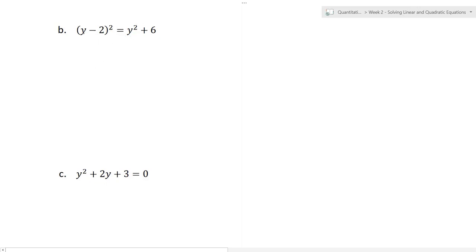What we want to do whenever a binomial, so 2 terms, is squared, is write out the binomial y minus 2 twice, because that's what squaring something means. It means multiplying by itself.